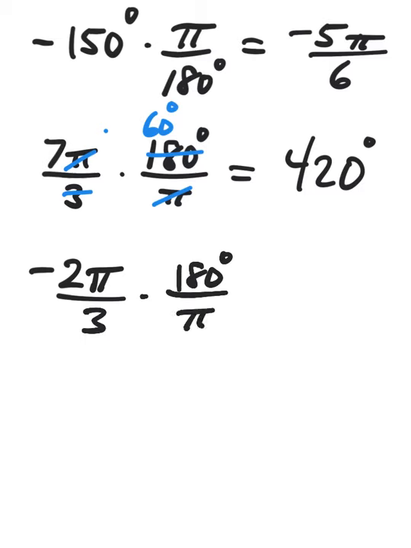And just like the previous example, the pi's cancel. 3 goes into 180 60 times. The negative 2 sitting over there next to it. Negative 2 times 60. That's right, negative 120.